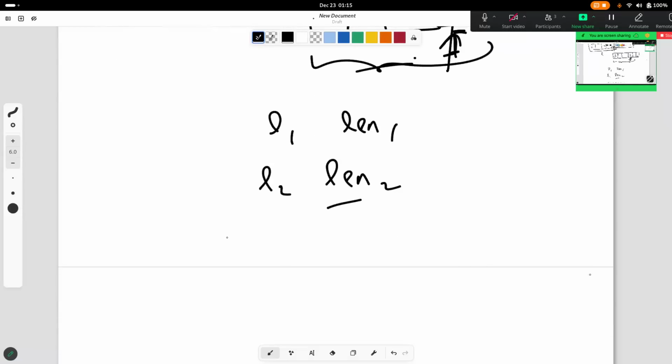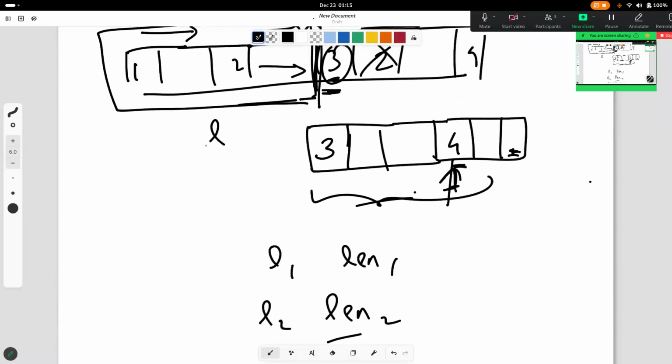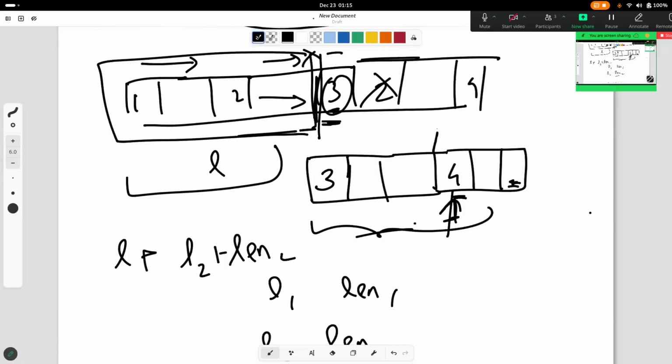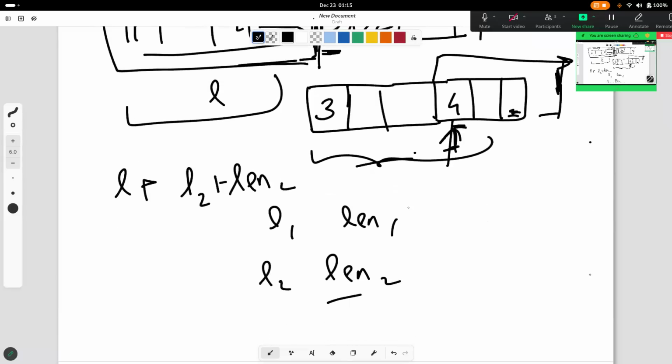And finally, our answer would be basically this length L that you have to offer before, plus L2 plus length 2, that is the length of snake 4, up to where it will extend. That would be your score.